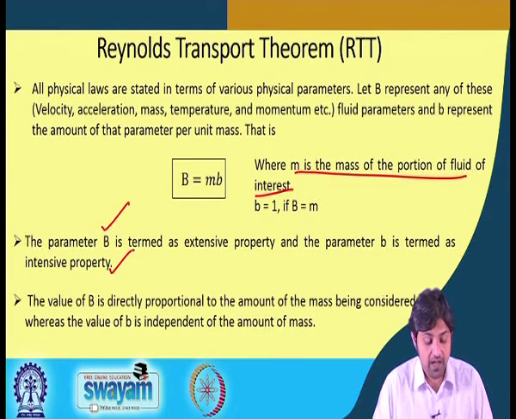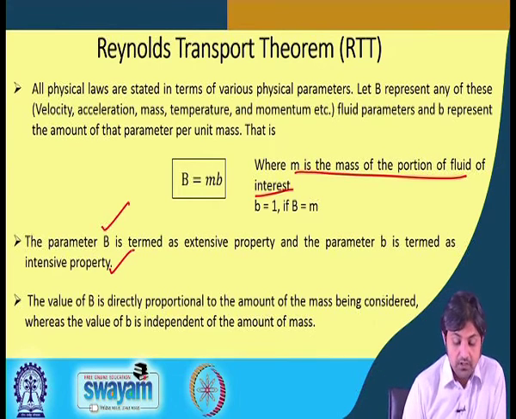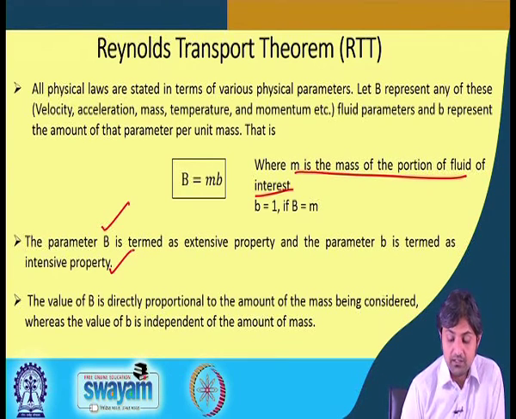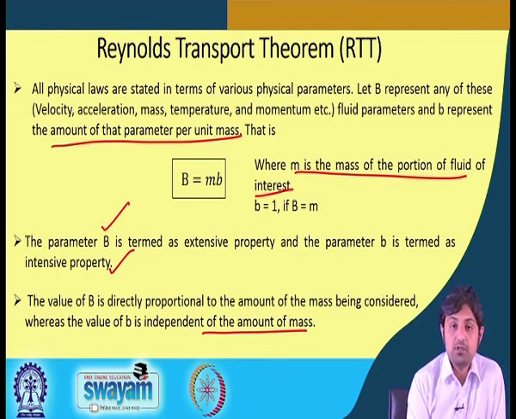The value of capital B is directly proportional to the amount of mass being considered, whereas the value of small b is independent of the amount of mass, because by definition it is the amount of the parameter per unit mass.